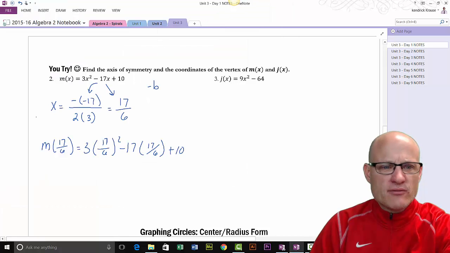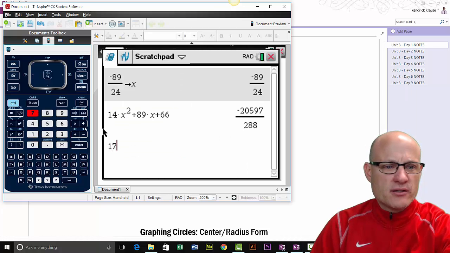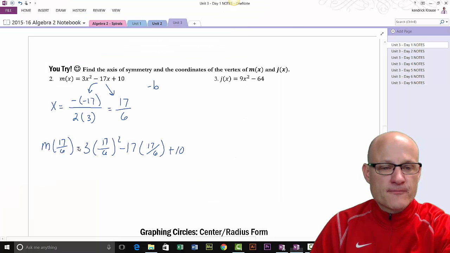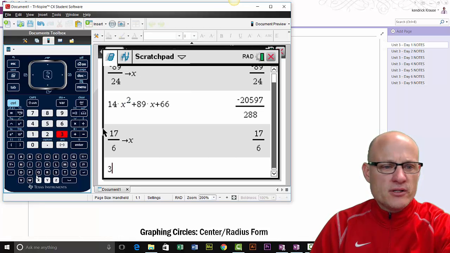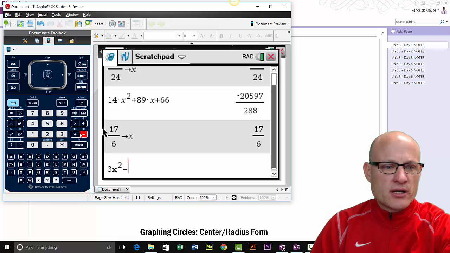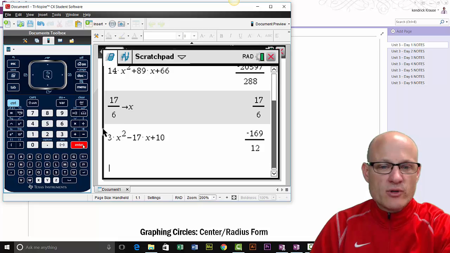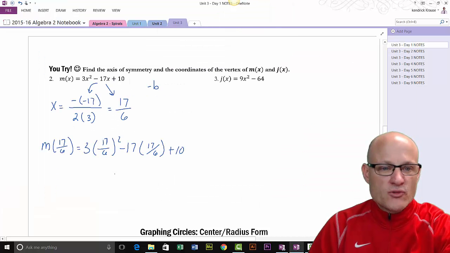So 17 divided by 6, store in x, enter. 3x squared minus 17x plus 10 equals negative 169 over 12. So my vertex is 17 over 6, negative 169 over 12.